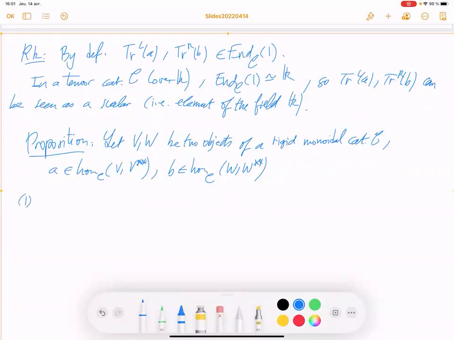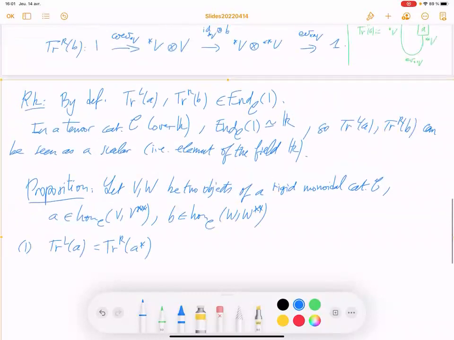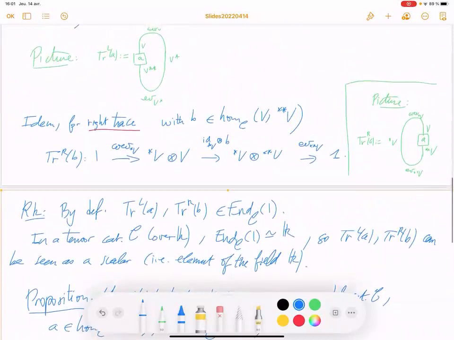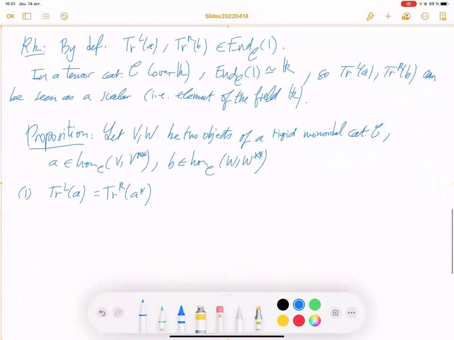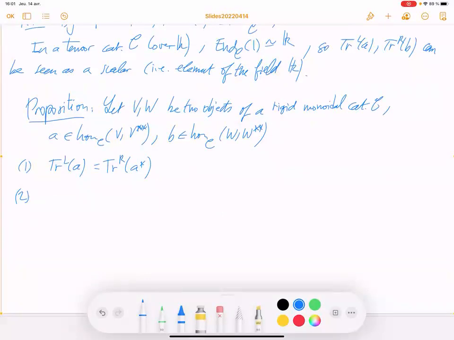First property, the left trace of A is equal to the right trace of A star. And in fact, you will see that A star has a good property for being traced by a right trace. Second property, if C is additive, then it's an additive category.